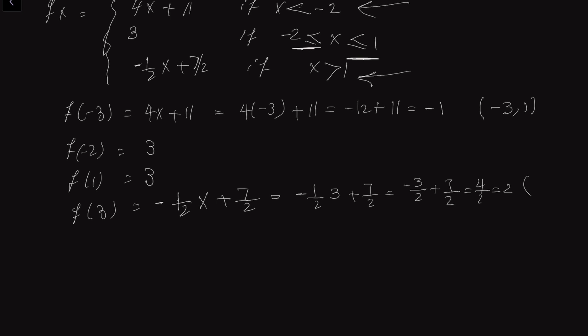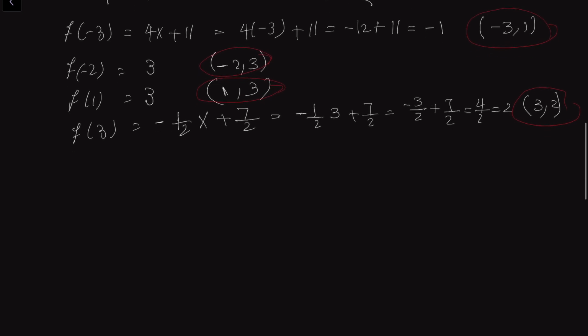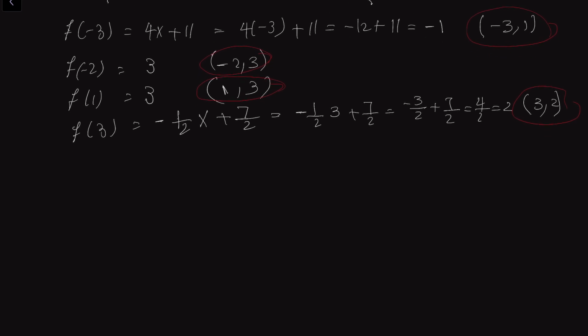So the point is 3 and 2. Already? So we have the values here. That's 4 points. Already. Now let's graph the function.